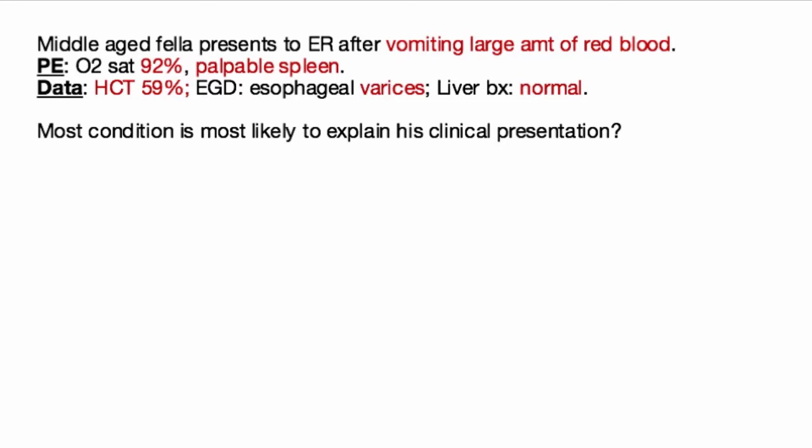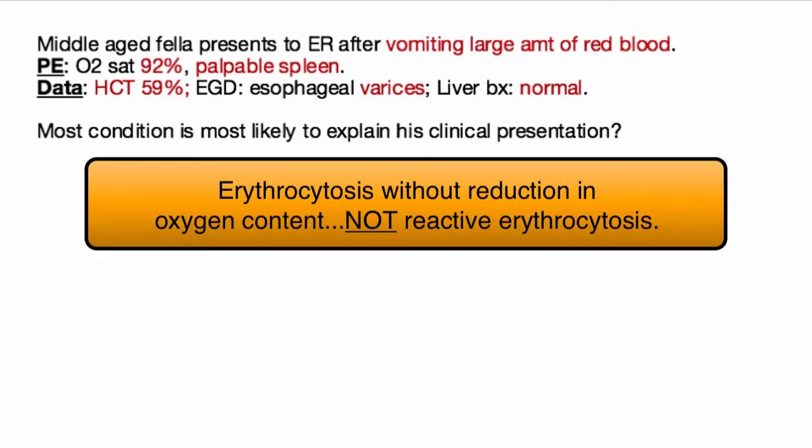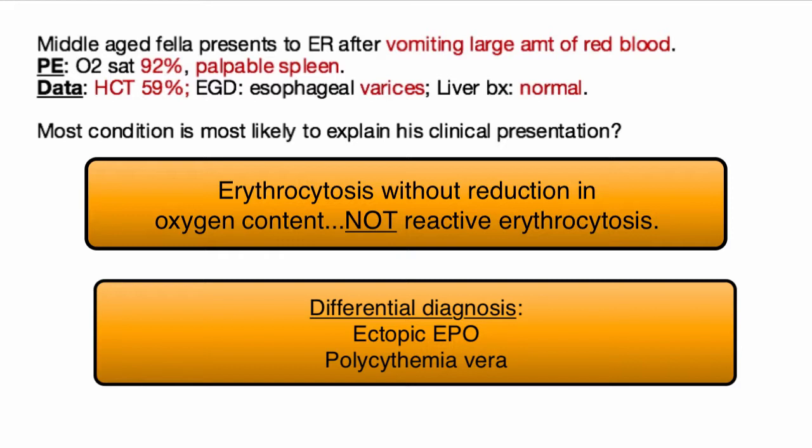He has a palpable spleen. So next we come to the hematocrit, 59%, which is elevated, and that causes reflex back to the 92%. That elevated hematocrit is not from hypoxemia. That is, it is not reactive erythrocytosis, which essentially is telling you that this patient probably has either polycythemia vera or elevated hematocrit from ectopic EPO production.